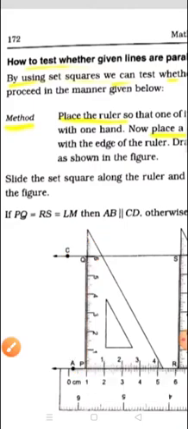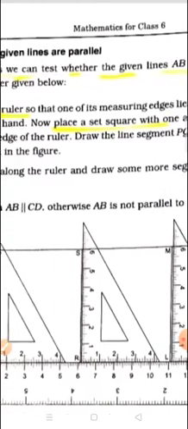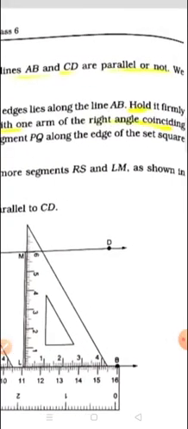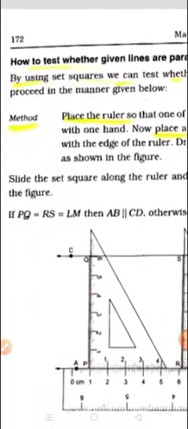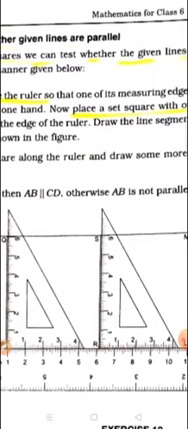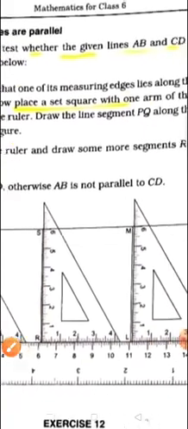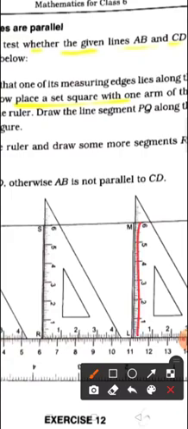Slide the set square along the ruler and draw some more segments RS and LM as shown in the figure.